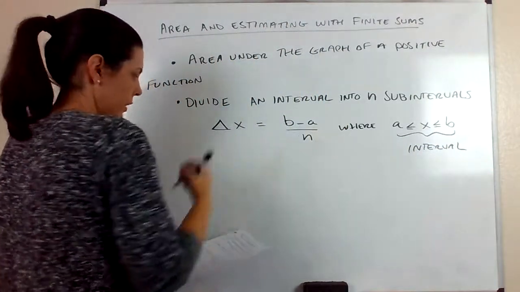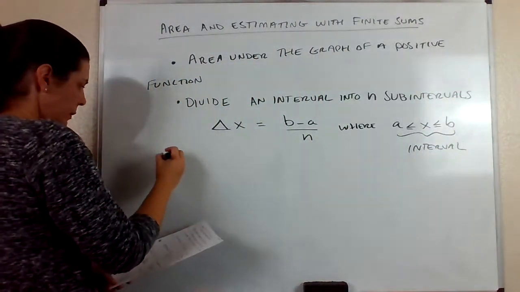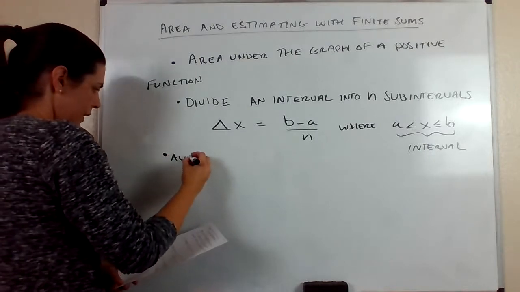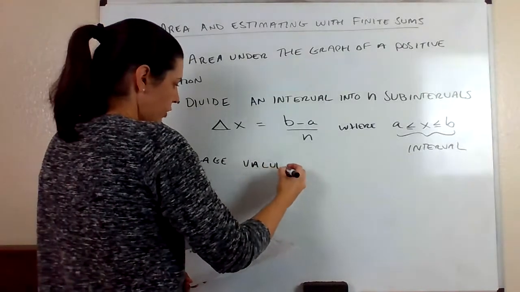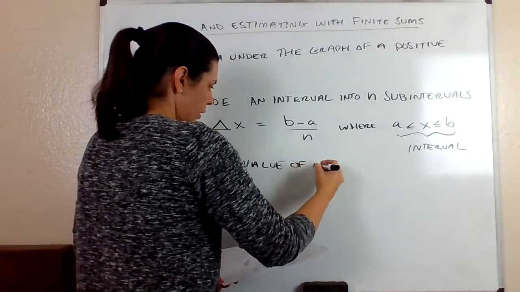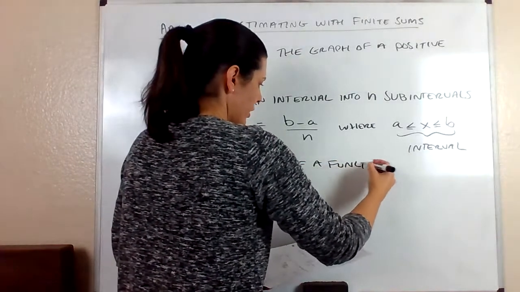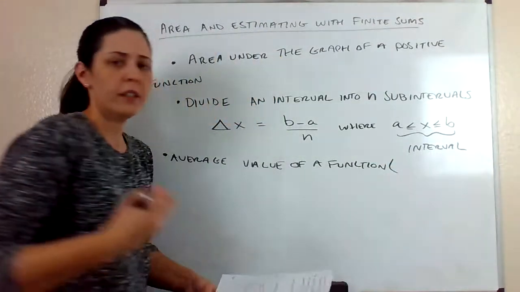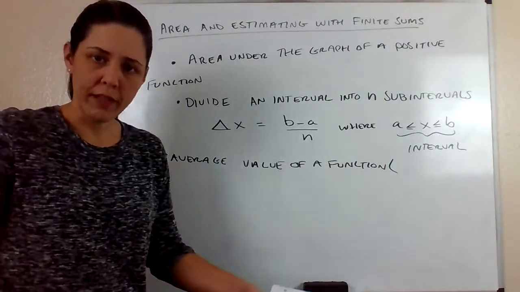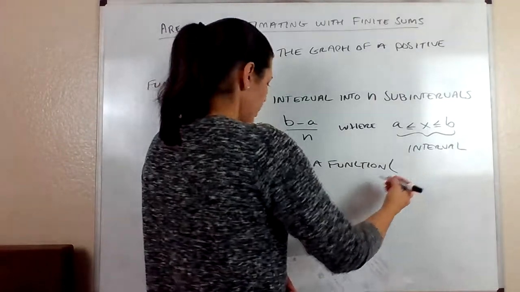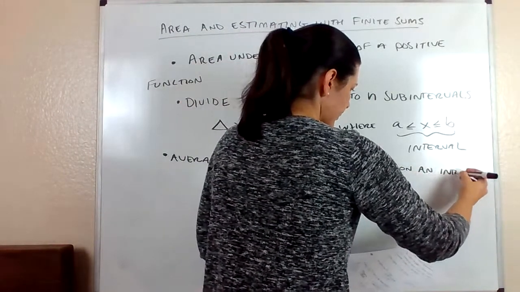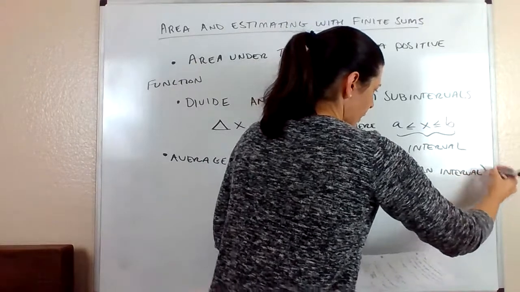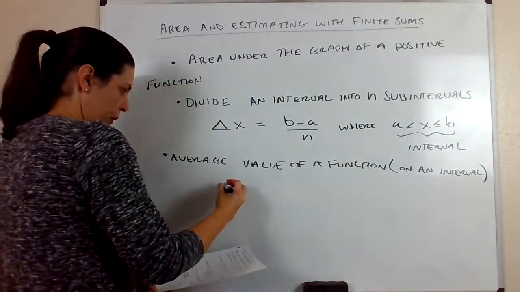And n subintervals. The next thing just to mention before we get into our example is how you find the average value of a function. To be very specific, again, it's going to be over some interval of x values. So the average value of a function on an interval can be found using this formula.